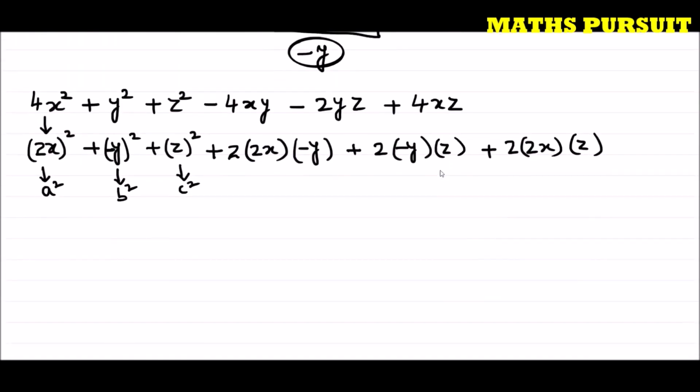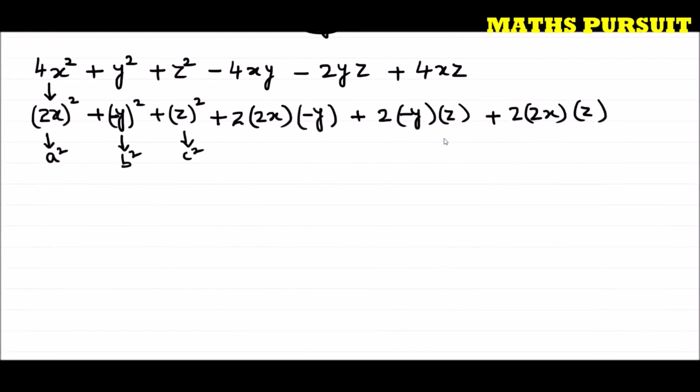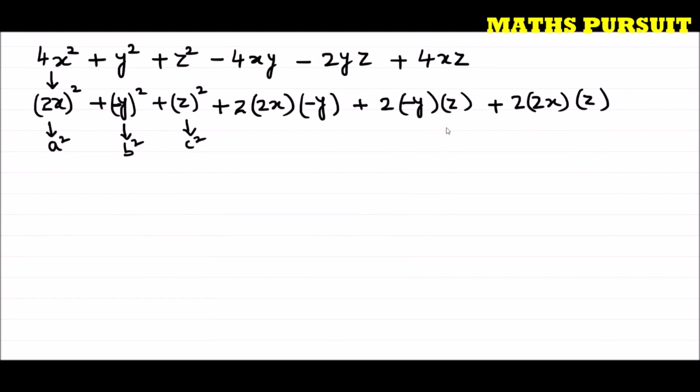I have just replaced the values of x, y, z with a, b, c and tried to solve this using the identity. Now let us see what we have got here, and what we are looking for. We have got everything that is required.